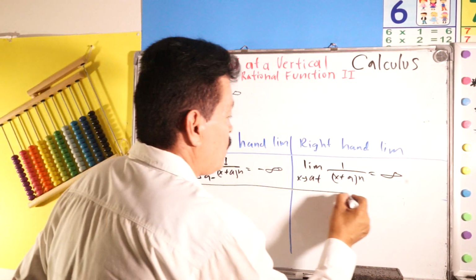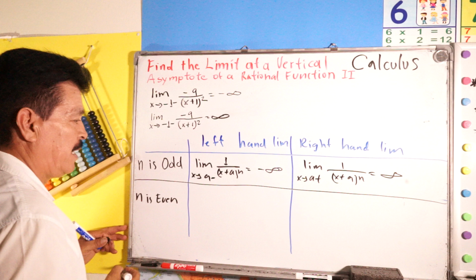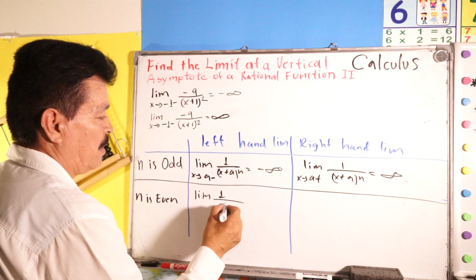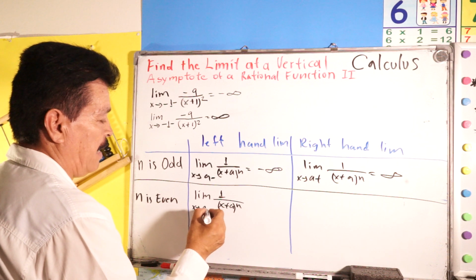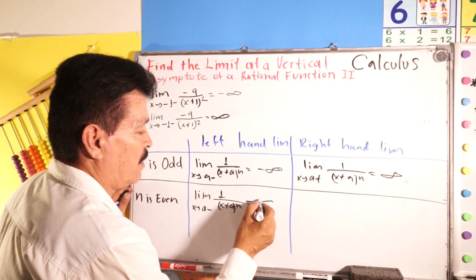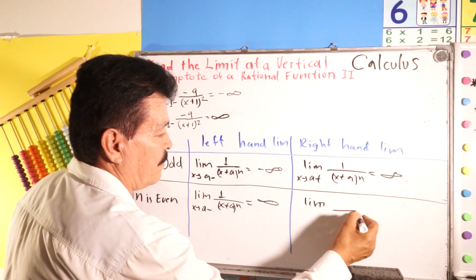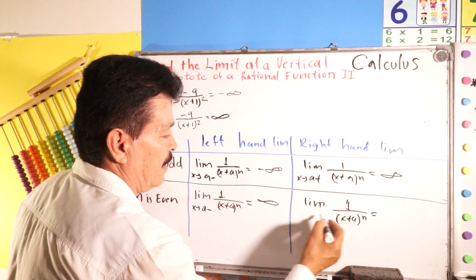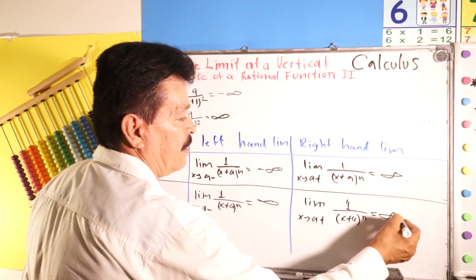All right. So the second main idea, when n is even, we will have the limit of 1 divided by (x plus a) to the n power when x approaches negative a, and the answer here is positive, positive infinity.